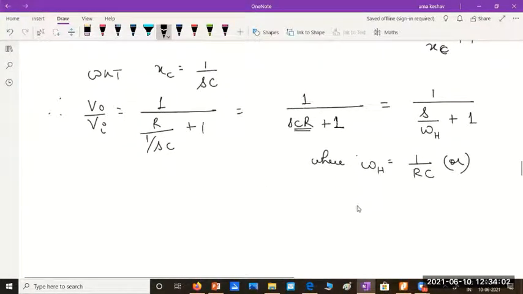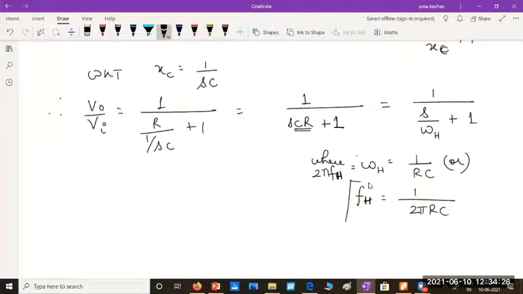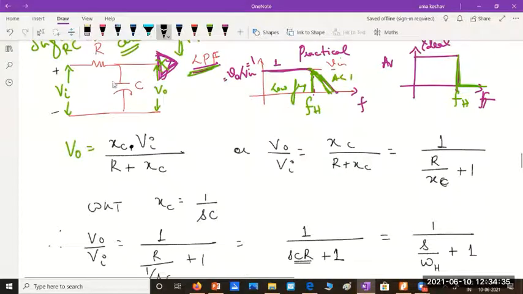What will this be in terms of f_H? How much is omega in terms of f? Please be attentive and answer. Omega is angular frequency, which will be 2 pi into f. So if I want to find the upper cutoff frequency or the higher cutoff frequency, it is 1 by 2 pi RC. This is the expression for the higher cutoff frequency in an RC low pass circuit like this.